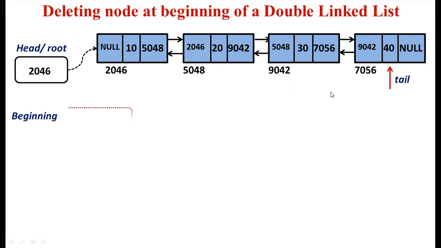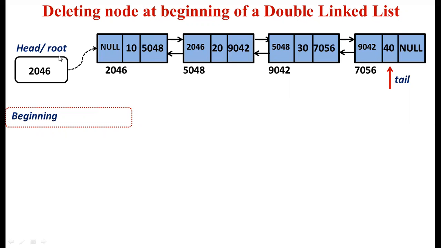This is the first node, the node we are trying to delete, and this is the tail node. If we delete the node at the beginning, then the first node will get deleted, and the next node will be our first node. So 10 will get deleted and 20 will be the first node.